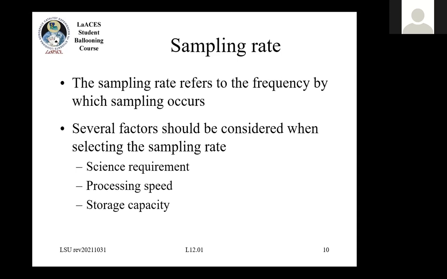And if you're working on a very advanced scientific payload where you may be sampling a lot of stuff over a long period of time, like a month's worth balloon flight, then that may become an issue again, right? But at least for the payloads you guys are going to build in this course, you're probably not going to have to be concerned about storage capacity.